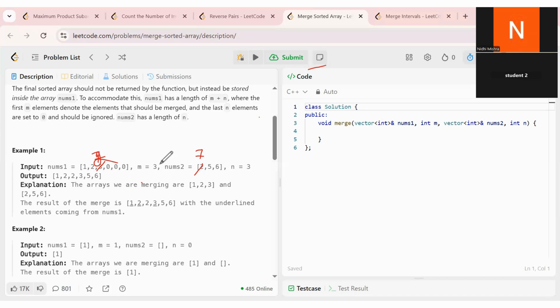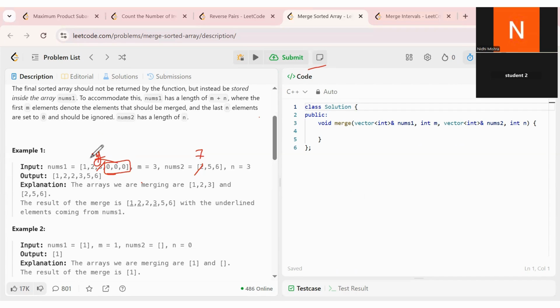Now writing this won't help me. So what should be done? We can start placing the elements from behind. We'll place them in the reverse order, and I and J will start from the last element.